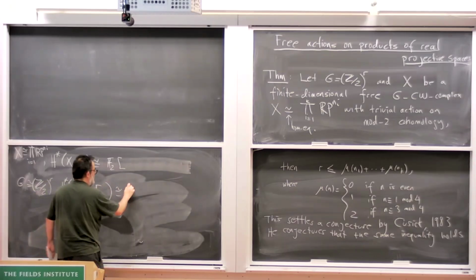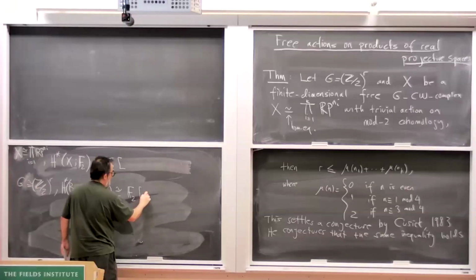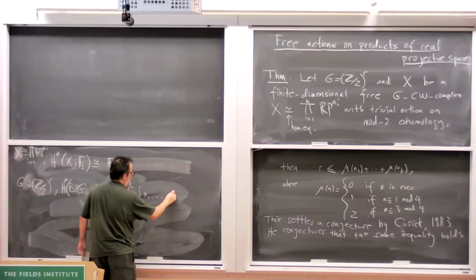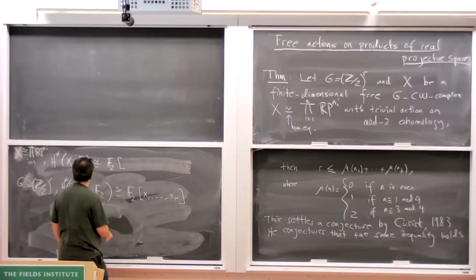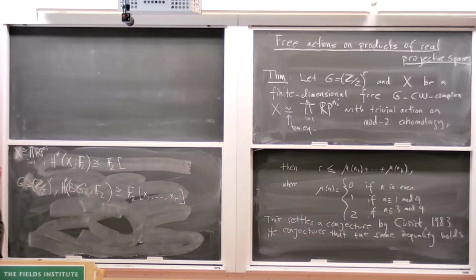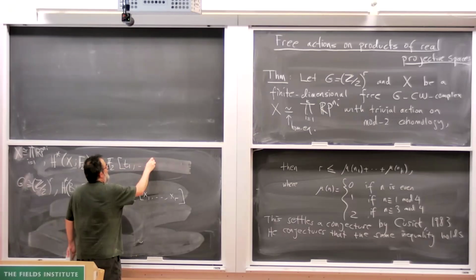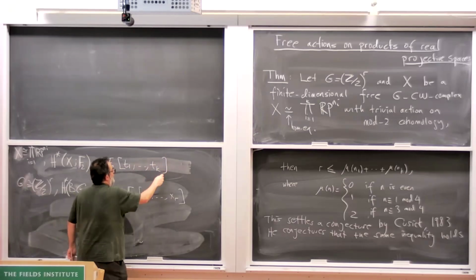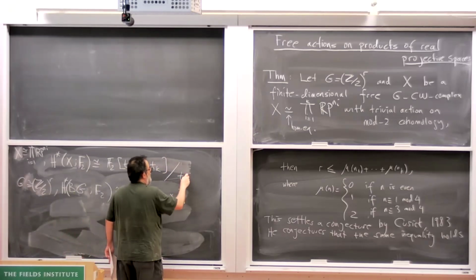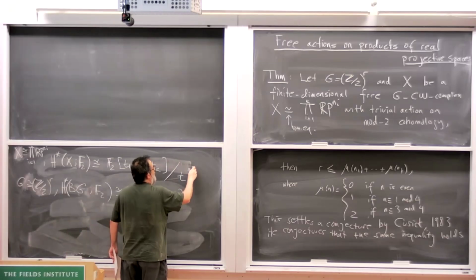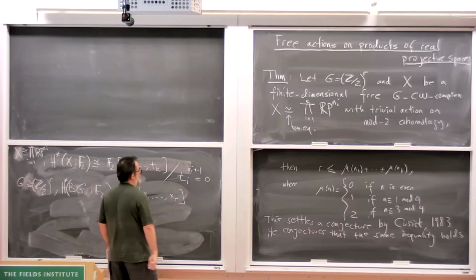So this is just a polynomial algebra, with the number of copies of C2 as the number of generators. For the RP^n, similarly, you can say that this is going to be a polynomial algebra modulo the relations.